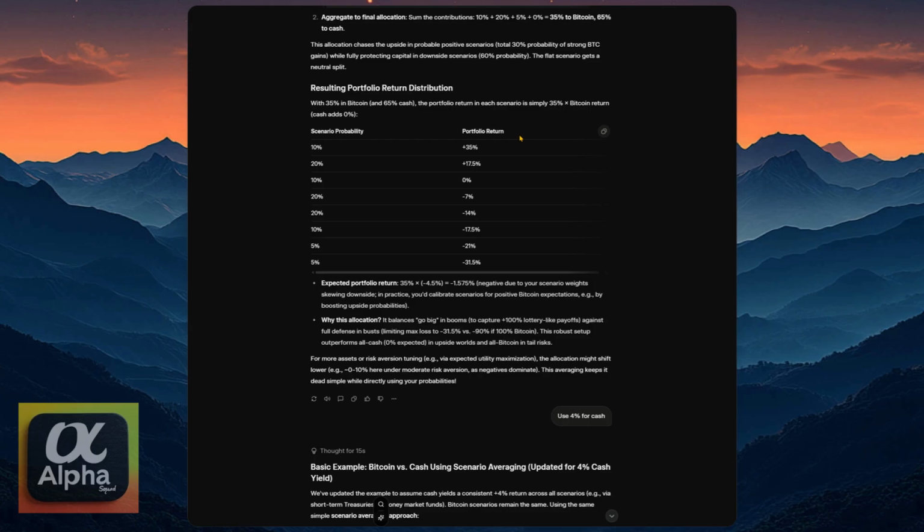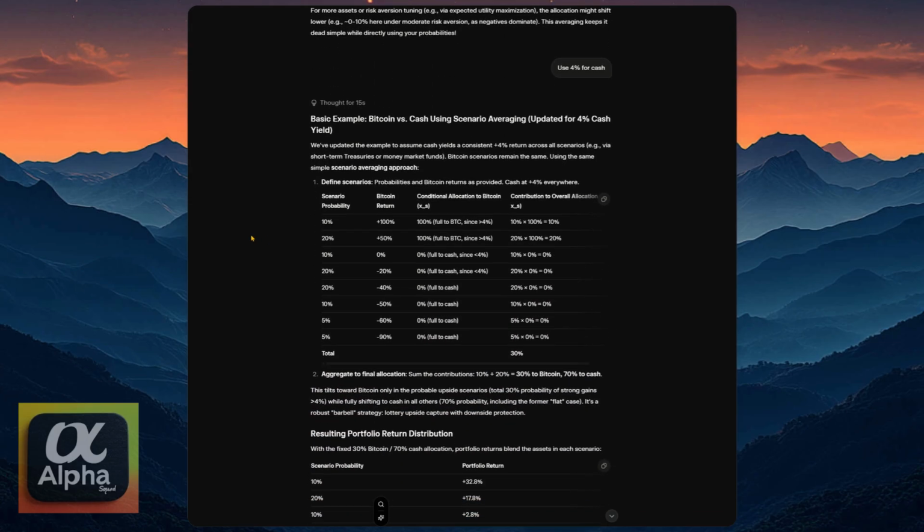If I have 1% of my portfolio in Bitcoin and we have this here, then this is the return I'm going to get. In fact, no, that would be with the allocation. With the allocation of 35, 65, I'm losing 31% instead of 90% by being completely allocated in. So this is how, with their fiduciary duty as asset managers, they work.